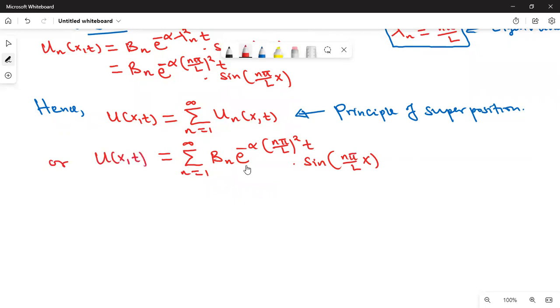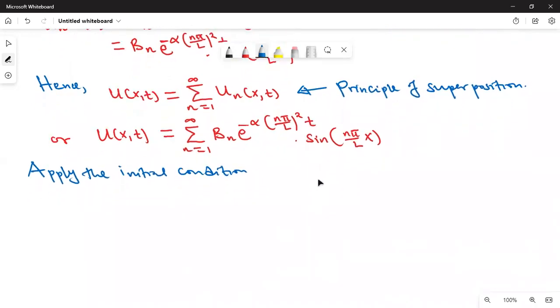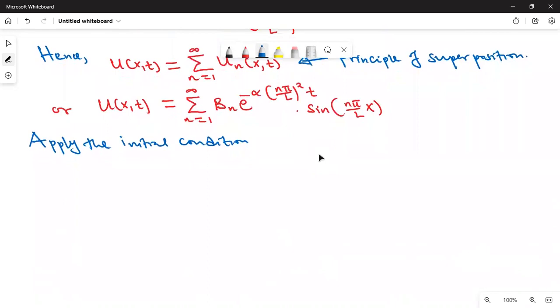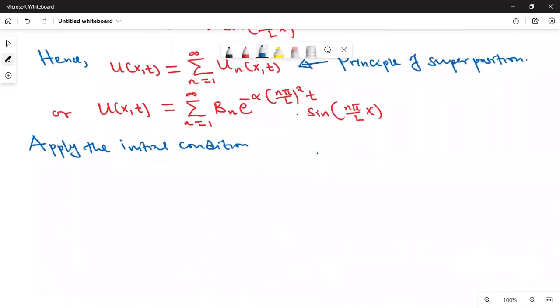Now, the last step is to apply the initial condition. So what was the initial condition? That is the condition when time t equals 0, and that solution was f of x.